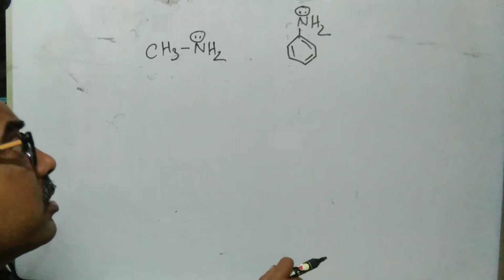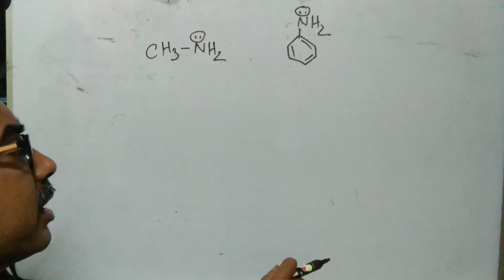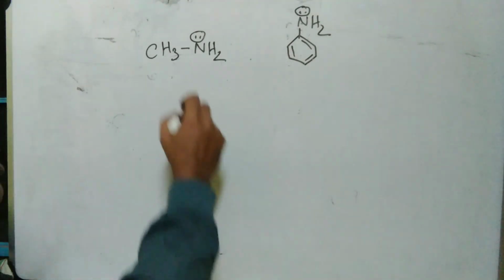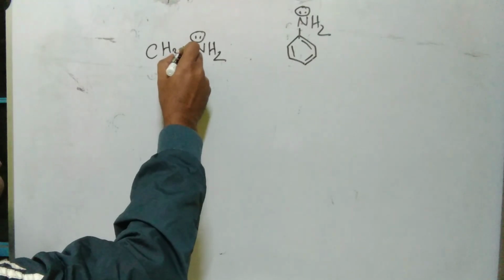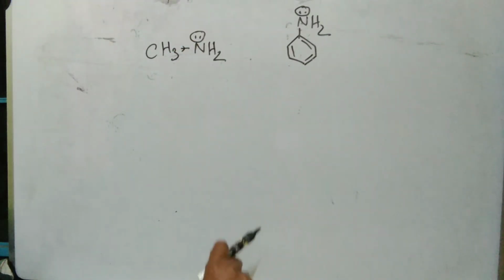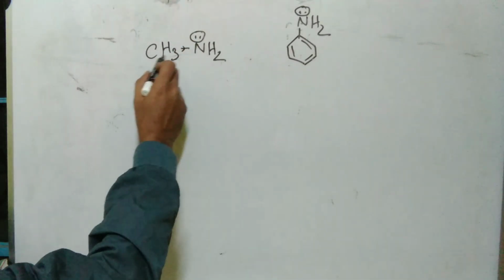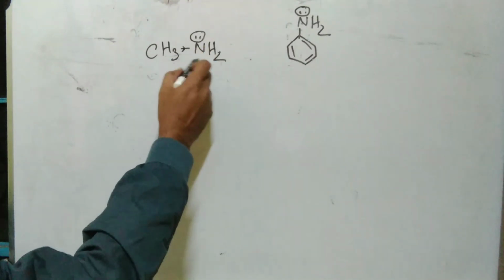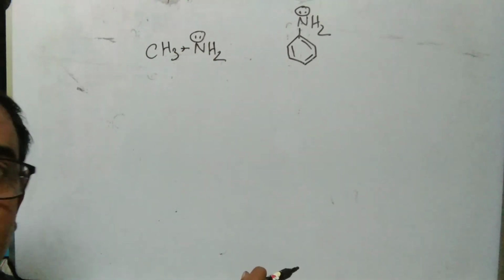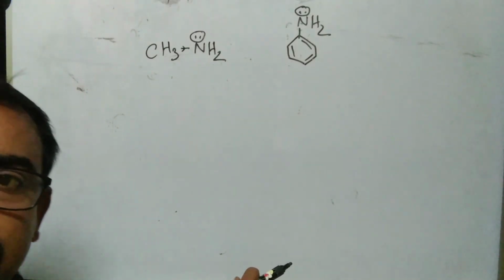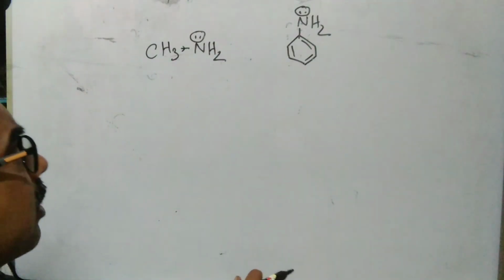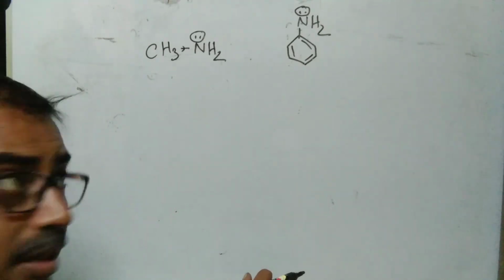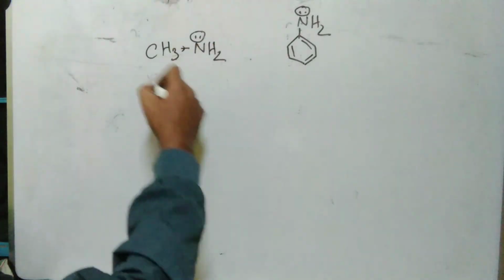Now in methylamine, the CH3 group has a plus I inductive effect, that means an electron repelling effect, so it will repel the bond pair electrons towards this nitrogen, making it more electron rich. When it has greater electron density, it must donate its lone pair electrons more rapidly. That's why methylamine is more basic than aniline.